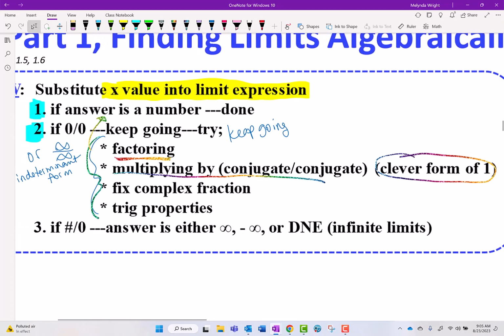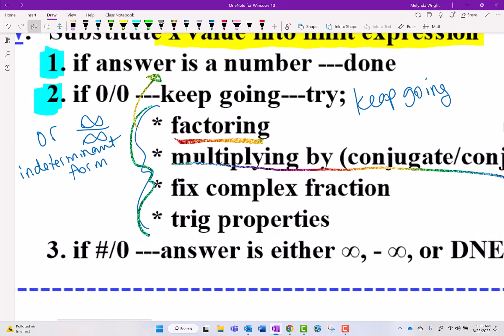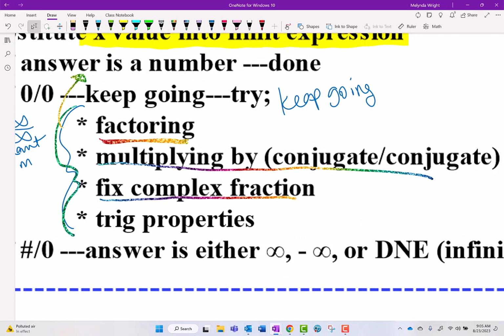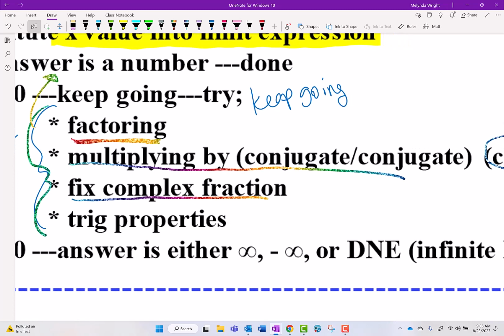We might need to fix a complex fraction. Long ago when you learned fractions and fixing complex fractions, perhaps you remember the phrase keep, change, flip. You keep the numerator, you change division and multiplication, you flip the denominator.